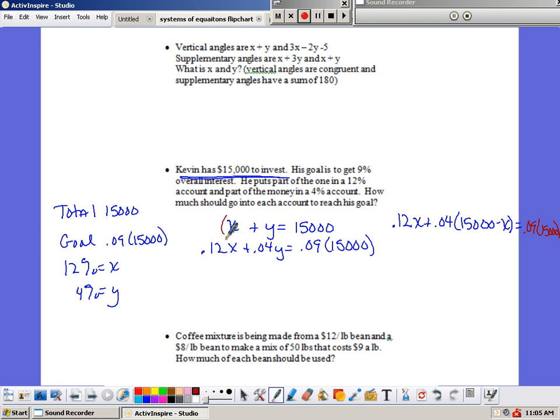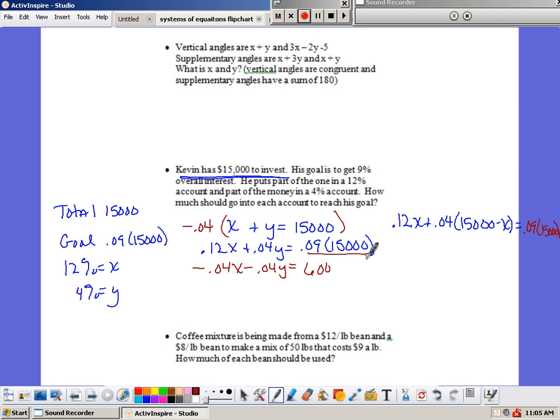So I'm going to get rid of the y's by multiplying by negative 0.04. So negative 0.04x minus 0.04y equals 0.04 times 15,000, which is 600.